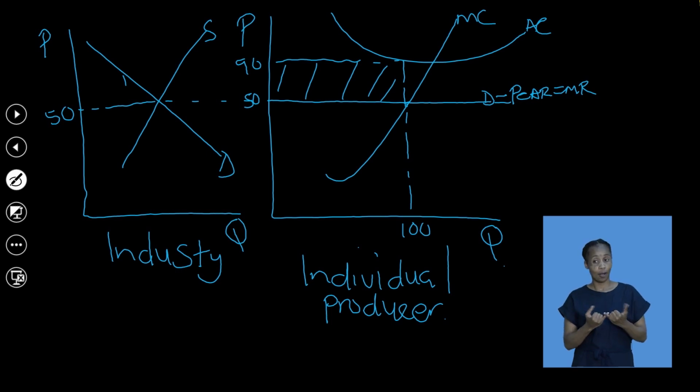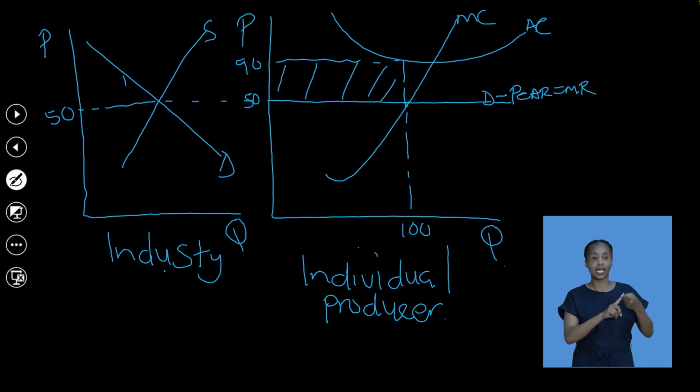So what happens is, as a result of the losses that the individual producer is experiencing, other firms in the industry are going to be demotivated by the losses and exit the market. When they exit the market, two things are going to happen.